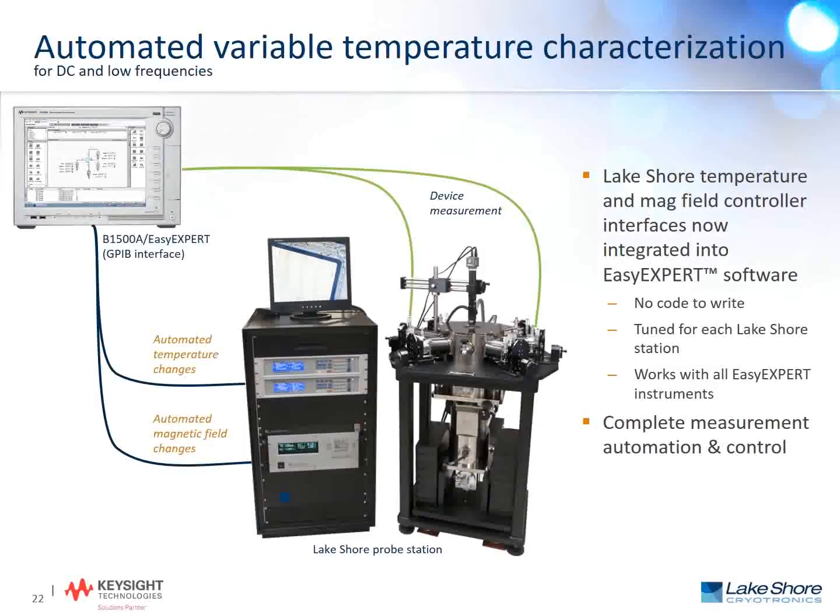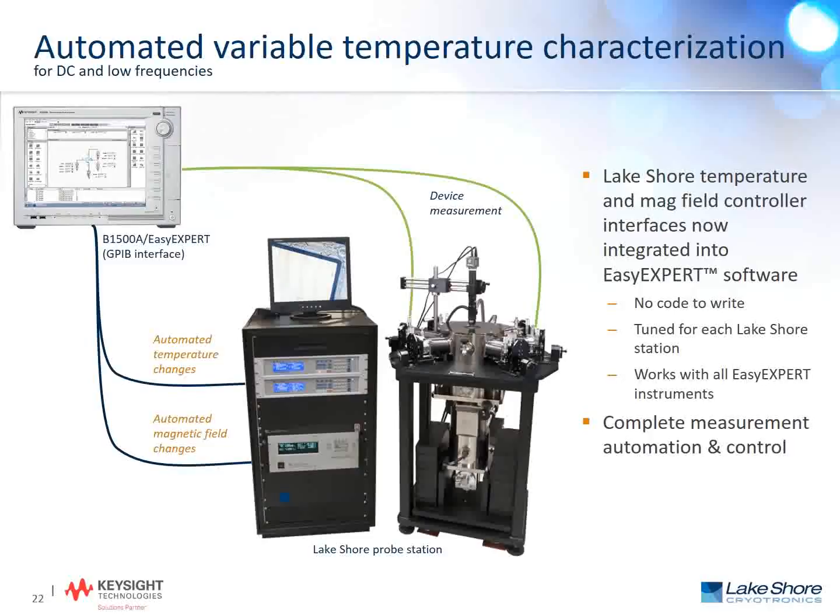So now we have a flexible probe and we can maintain contact with the device. We now want to start considering the ability to do automated variable temperature characterization. So this is where, in conjunction with Keysight as a solution partner, Lakeshore has put together an interface between the measurement power of the B1500 and the Easy Expert software interface and our temperature and magnetic field dependent capabilities that we offer in our probe stations.